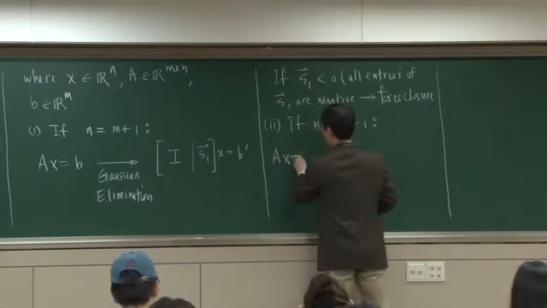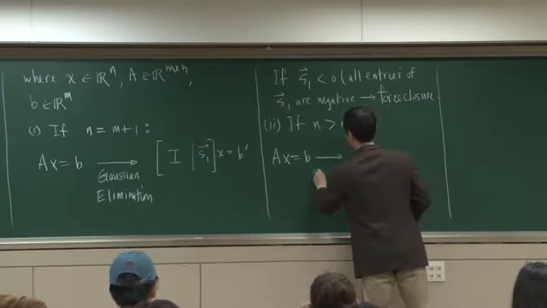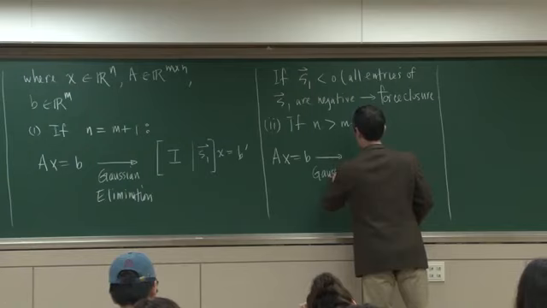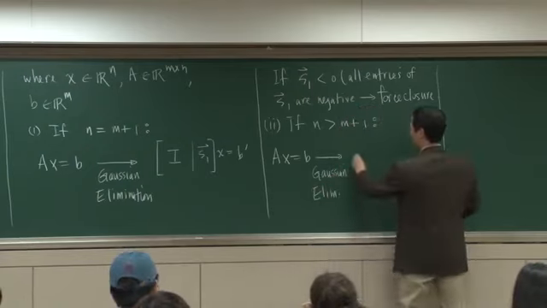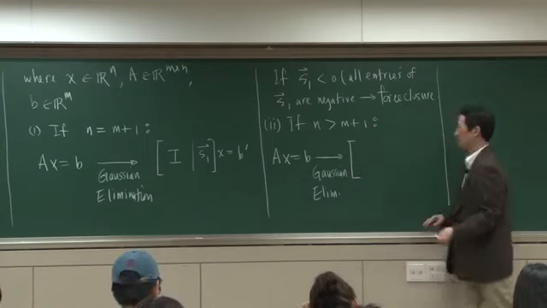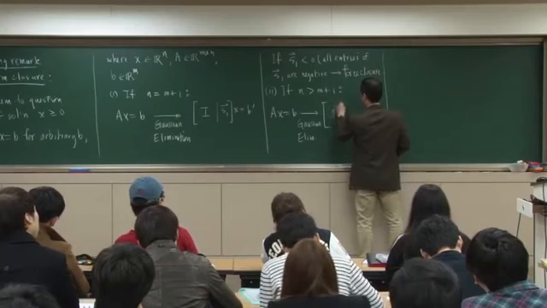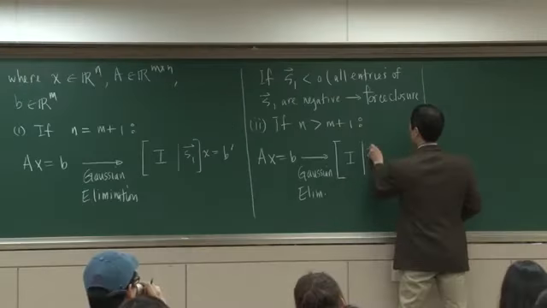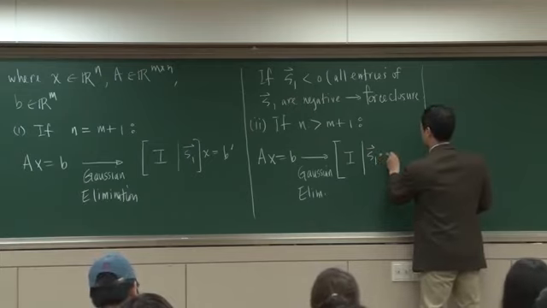We again start with AX equals B, and we again perform Gaussian elimination. This time we get a reduced row echelon form that looks like this. So now we have more than one column. We may have, say, k columns.